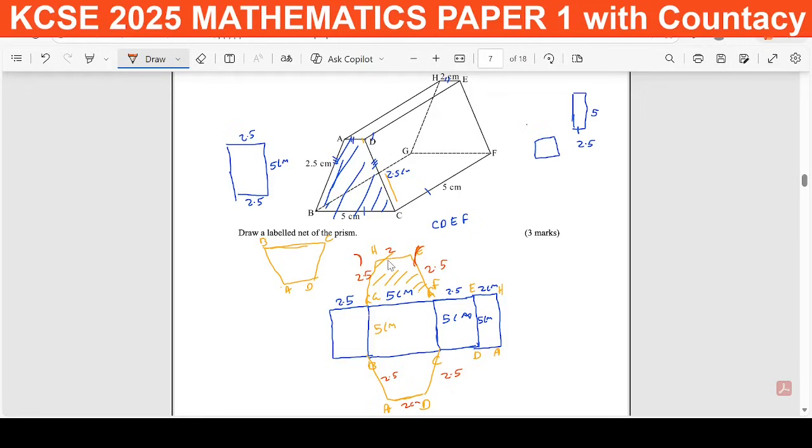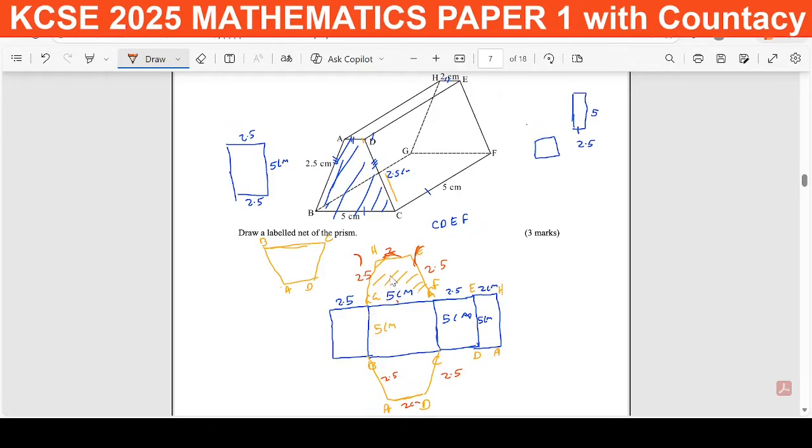And then from there, you are really supposed to know the center between this part and this. This is 2.5. So you're going to come and measure 2.5 centimeters from here, 2.5 centimeters, which is the middle part here. And then once you measure that, you measure 2 centimeters upwards. That's where the line for this particular point should pass through, because you want to know the length from here to here.